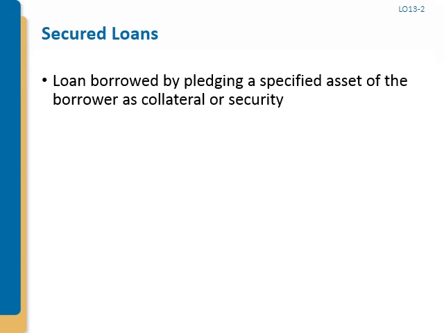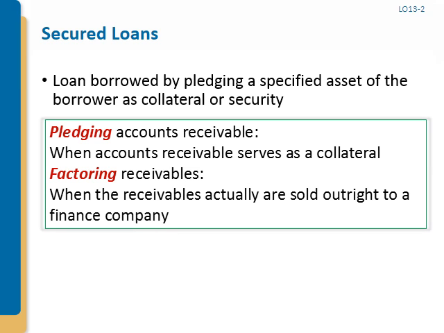Secured loans. Sometimes short-term loans are secured, meaning a specific asset of the borrower is pledged as collateral or security for the loan. Although many kinds of assets can be pledged, the secured loans most frequently encountered in practice are secured by inventory or accounts receivable. When accounts receivable serve as the collateral, we refer to the arrangement as pledging accounts receivable.